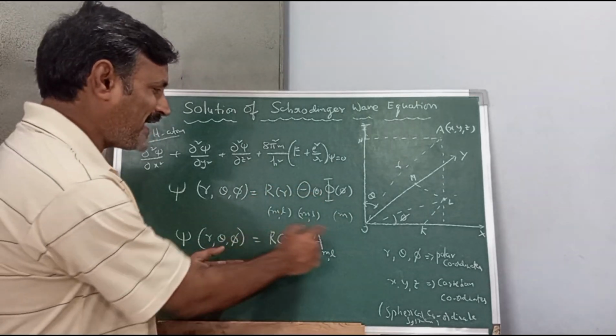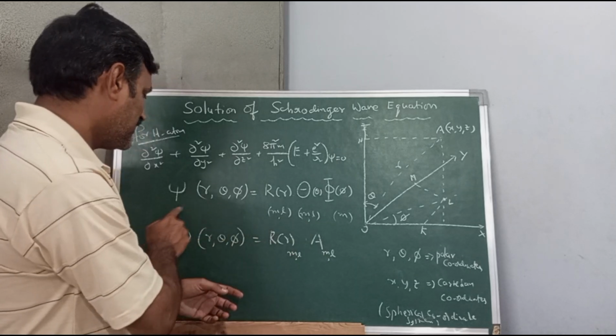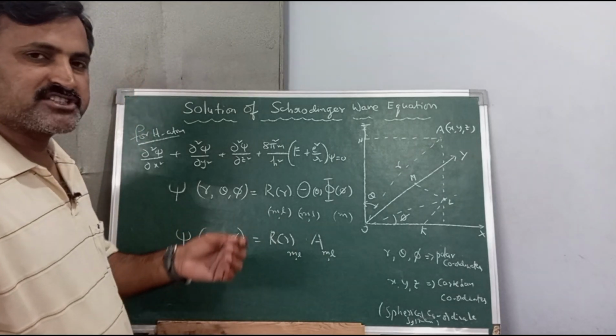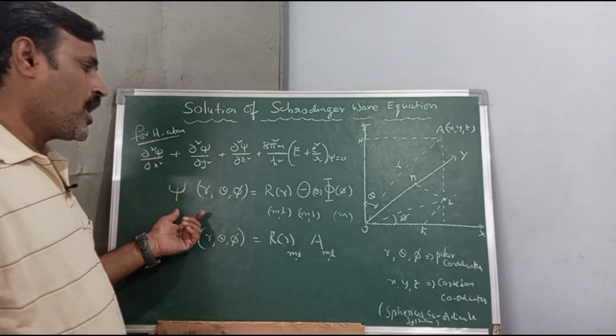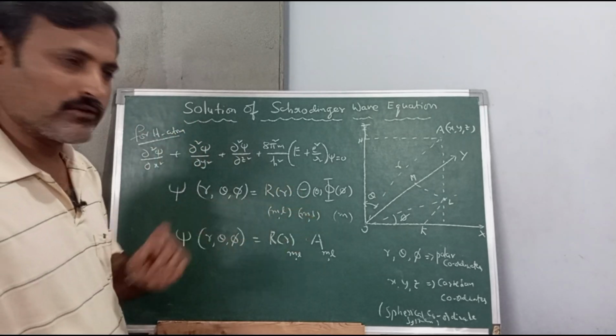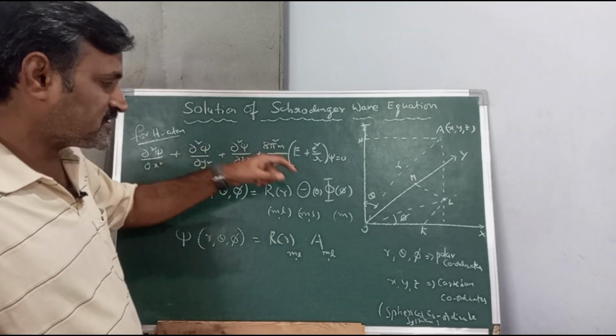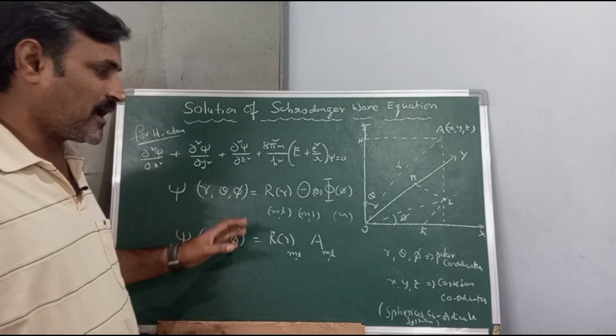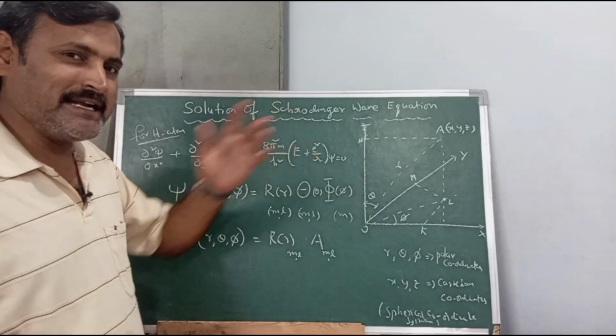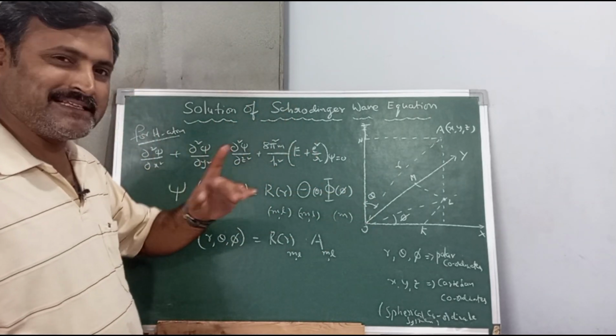So like this, we define the Schrodinger's wave equation related wave function, and how it can be resolved. If you resolve the Schrodinger's wave equation in terms of this polar coordinate system, you will get three different equations.